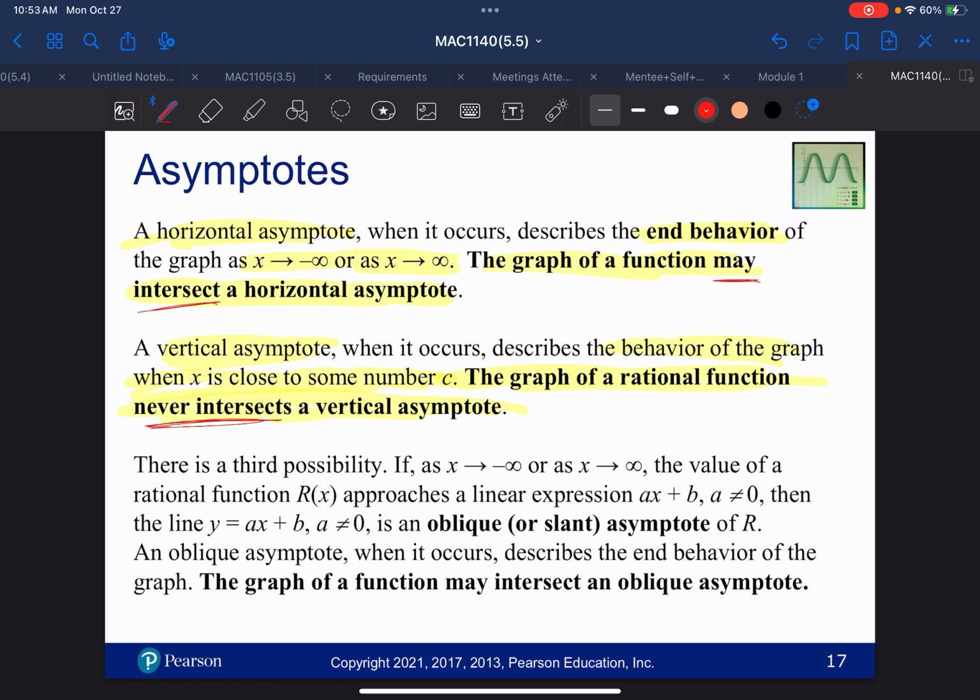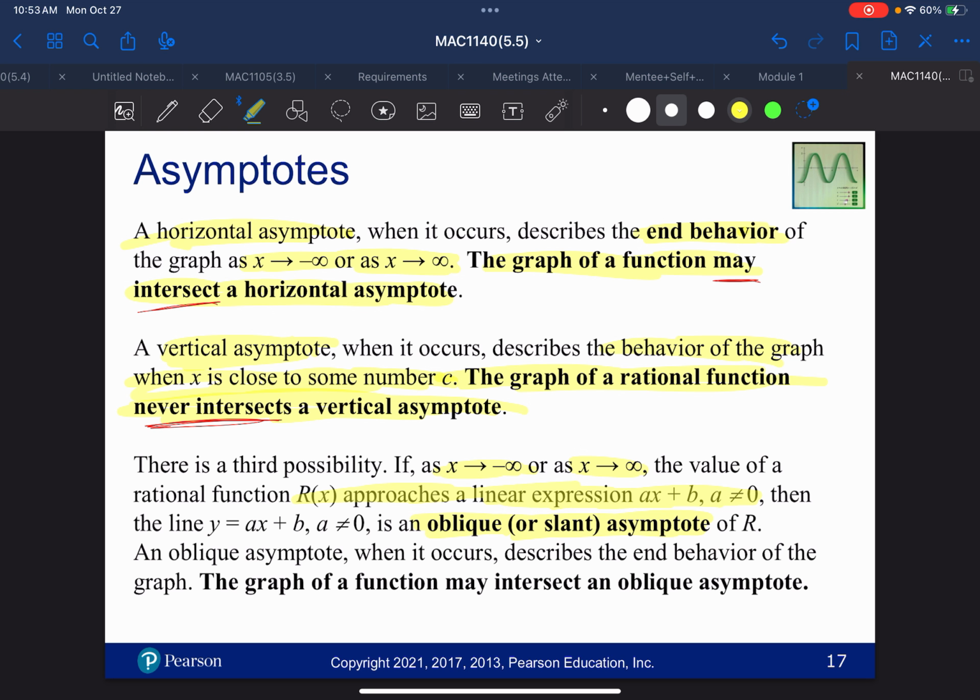Now there is a third possibility for a type of asymptote, and it's called an oblique asymptote. This oblique asymptote occurs whenever x is approaching negative infinity or positive infinity, and the value of the rational function approaches a linear expression.